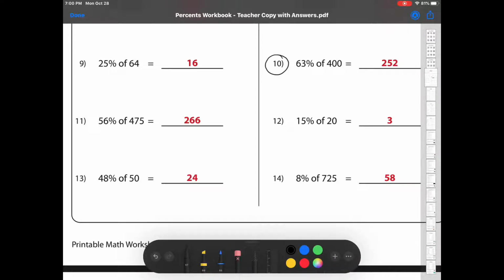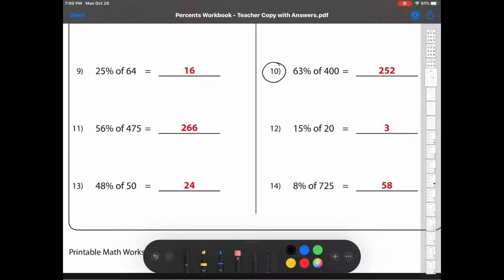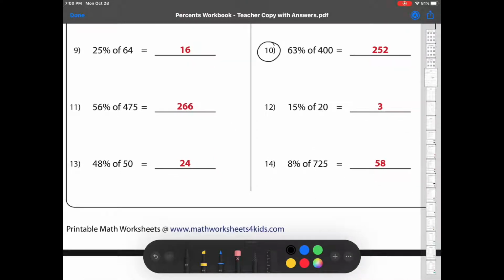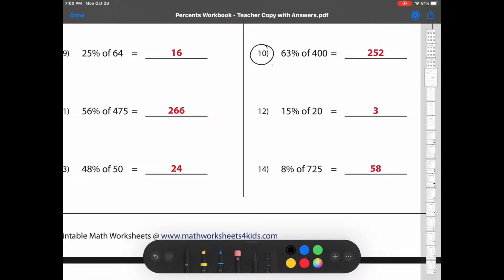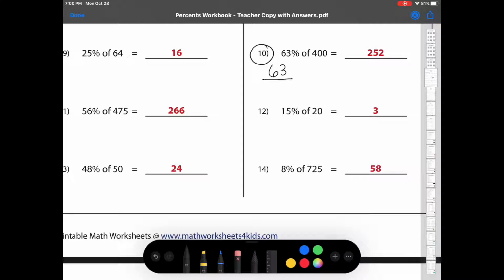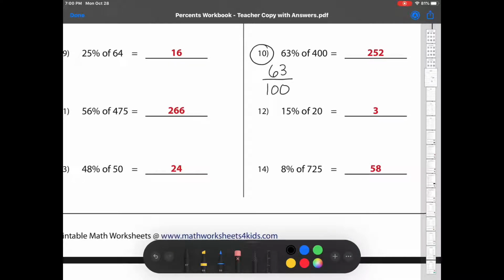I want to do this example because I want to show you something cool. So another thing is if cross products is not always the easiest thing to do, if we look at this, 63% is 63 over 100. Okay, 63% is 63 boxes filled in out of 100 boxes. So if I want to know what is the number out of 400, we can also use the method where we find a common multiplier.